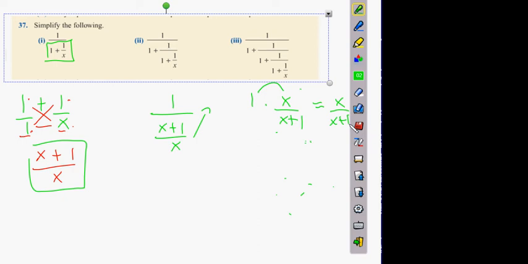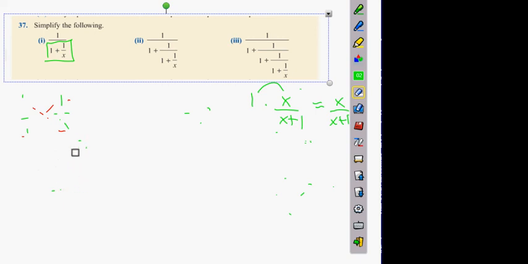Now, all of a sudden, what does the question we just did turn into? It's going to be x over x plus 1. Now guys, look at the next question.